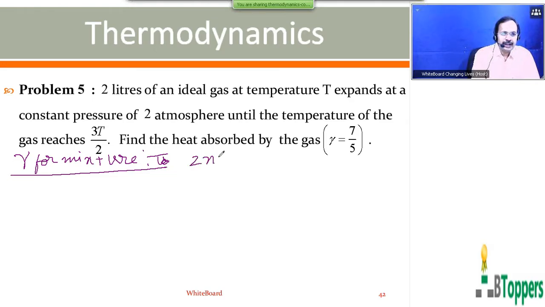Suppose you consider 2 non-reacting gases at the same temperature.